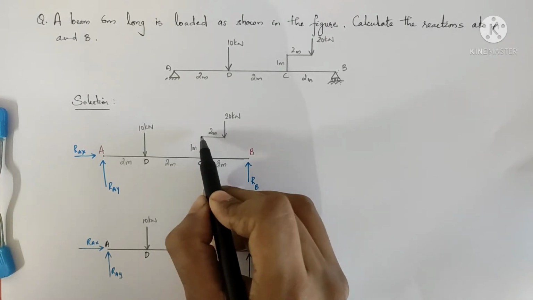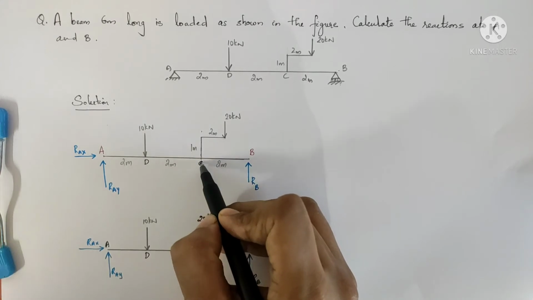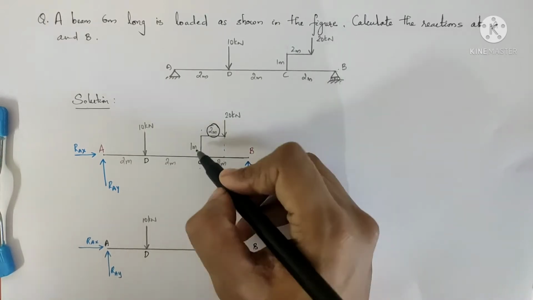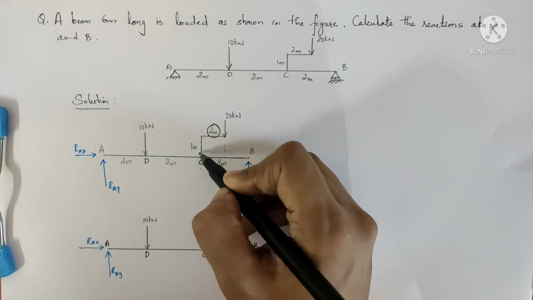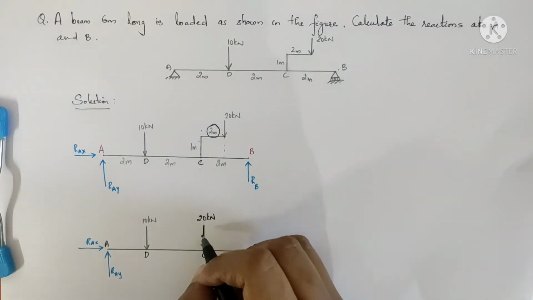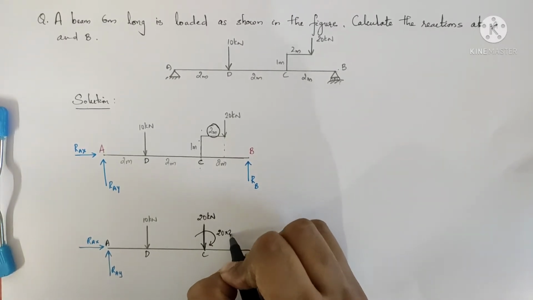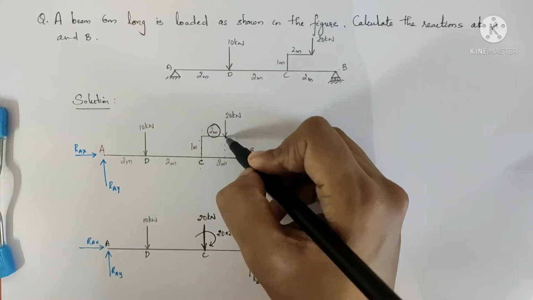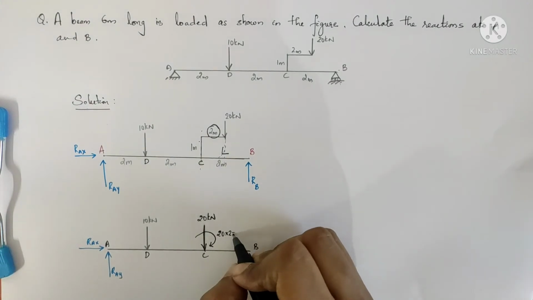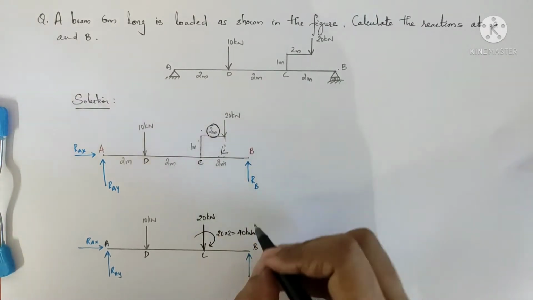And the moment: this is 20 kilonewton, and the perpendicular distance between the point C and the line of action of this force is 2 meter. So transferring the moment to point C, we have 20 into 2 acting in the clockwise direction, because the force is acting in the clockwise direction towards C. So 20 into 2 is 40 kilonewton meter in the clockwise direction, so it is positive.